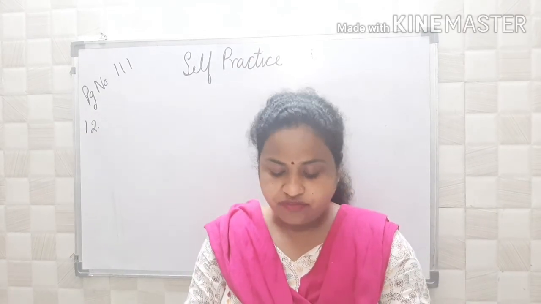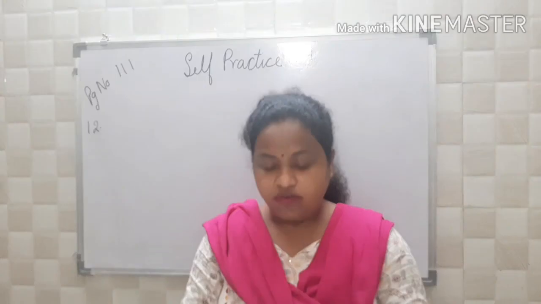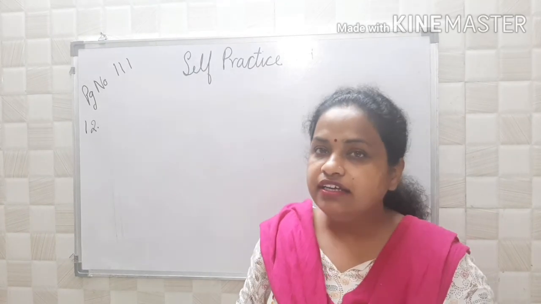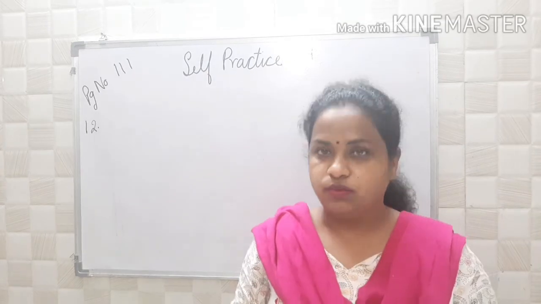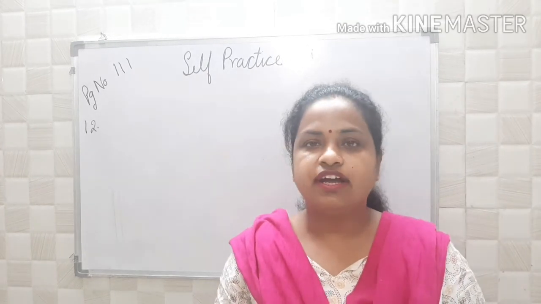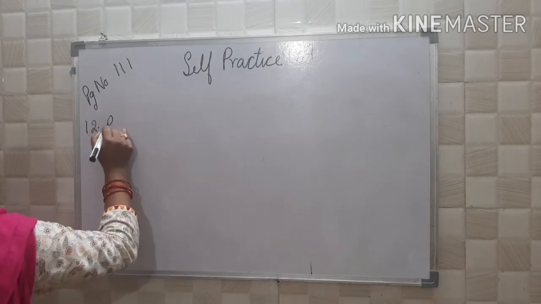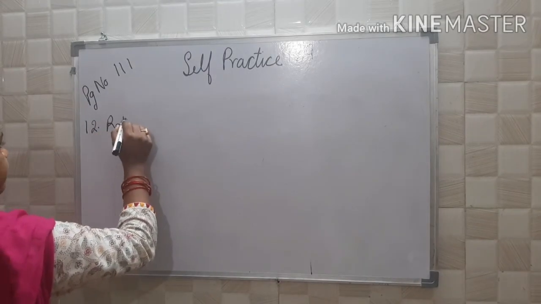If the profit is 48,000, what is the share of each of them? So firstly you will find the ratio of their amounts.